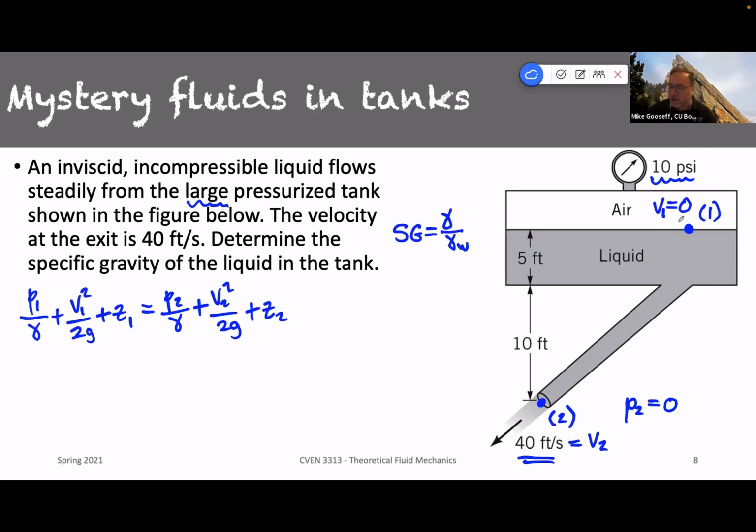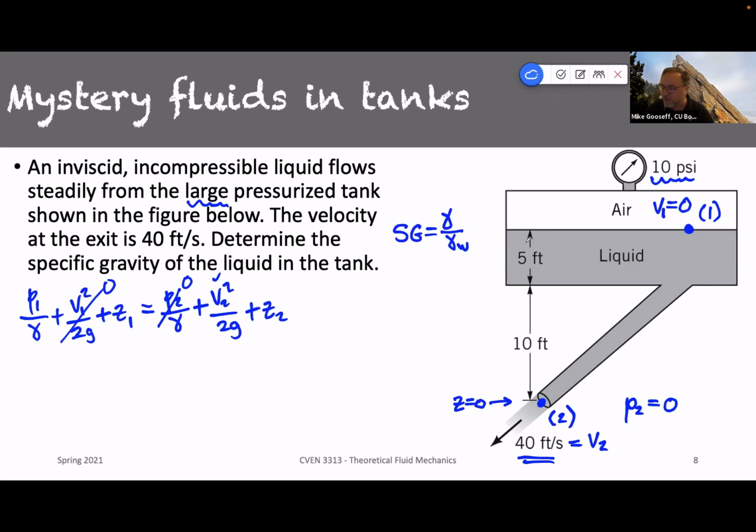Now if we take the master equation here, this term is going to go to 0. We said that P2 is 0, and we know what V2 is. Okay, so we know V2. We also know that if we set Z equals 0 right here, then I know what my Z1 is.